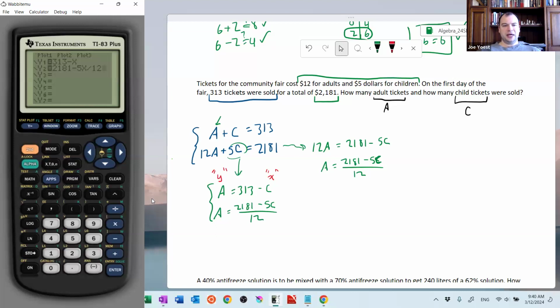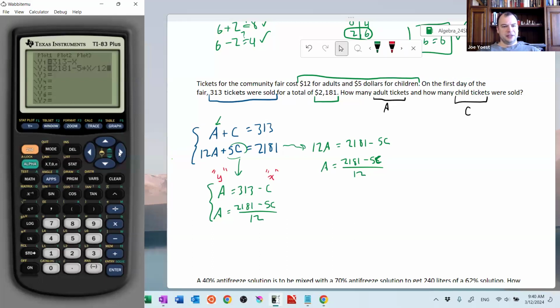Because remember, the calculator respects order of operations. I think I need a times here. I forget if the calculator's smart enough to not put a times there, but it's always good to be a little more explicit than usual when you're dealing with calculators or computers, just so the behavior is pretty clear.